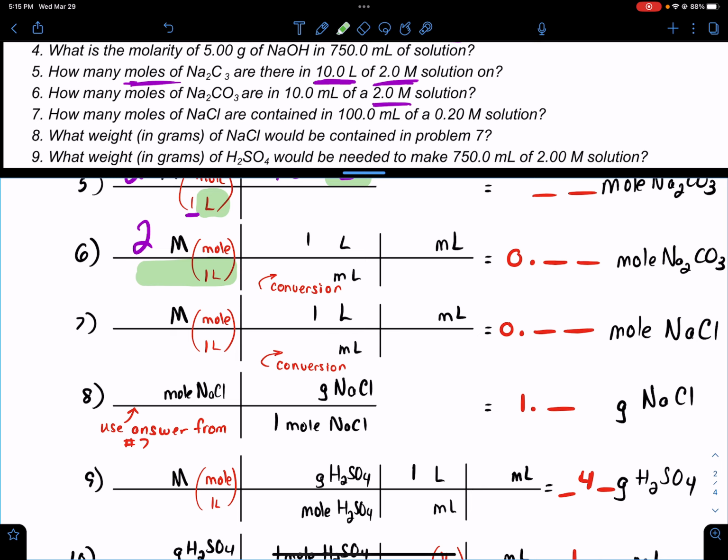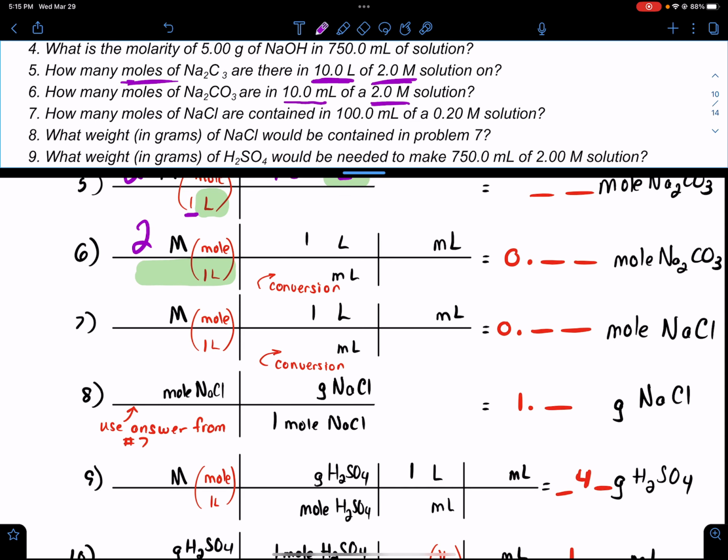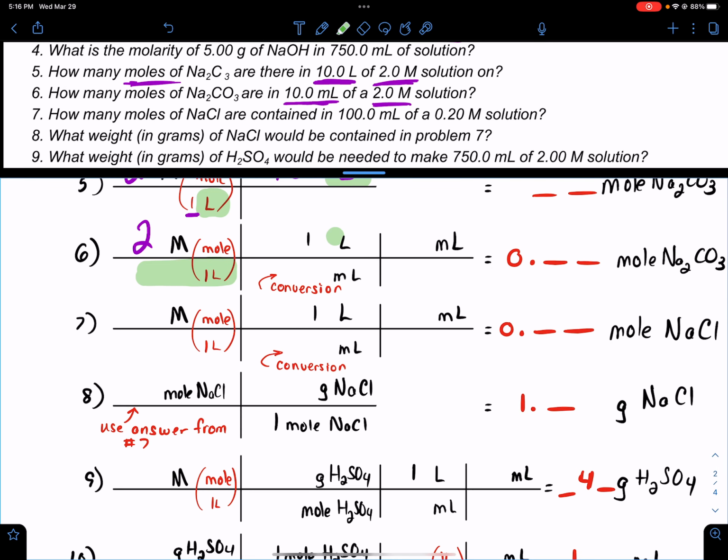All right, now, here's the deal. They tell you that you only have 10 milliliters. So what we need to do is get our unit changed from liter to milliliter. So just like before, we cross cancel out the liter, and what does 1 liter equal? 1,000 milliliters.